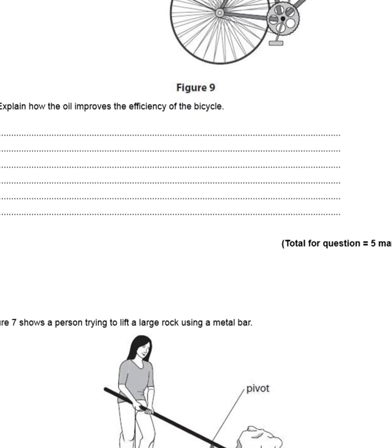Now this one, we want to be able to get all the points here. We need to talk about efficiency. Now first of all, oil. What does it do? Oil provides lubrication. Now, what does it do? It reduces friction. That's what it does. Okay, so this is one.